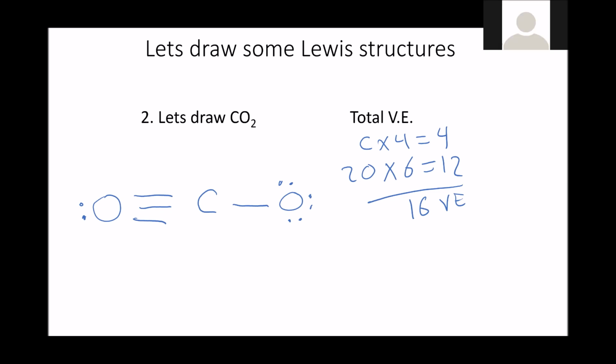Exactly. That's what we will discuss later on, that in some cases, you will have a Lewis structure that is completely okay with the octet rule, but it's going to be either not correct or not favorable, okay?